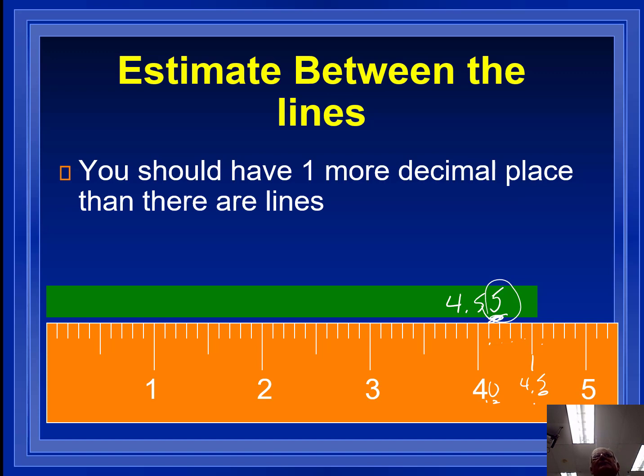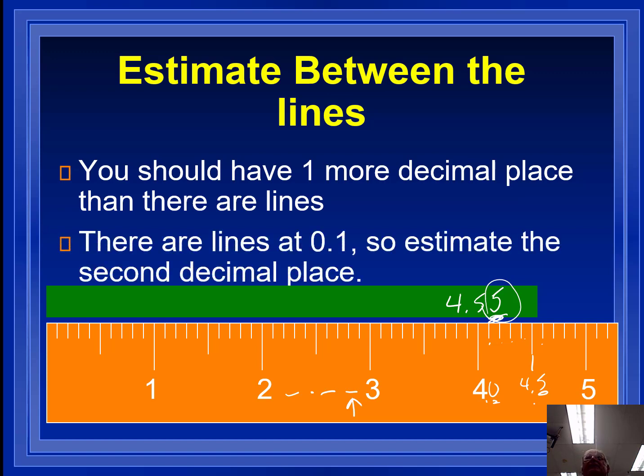Any measurement off this ruler will be something, point, something, something, and that number will be estimated every time. I mean, it may be estimated that it looks like it's right on the line. That's a 0. Okay? But the estimated number is always 1 place further than what shows up on the ruler.